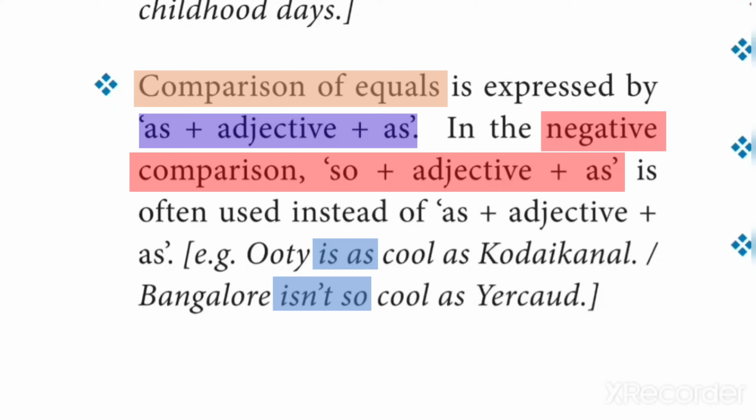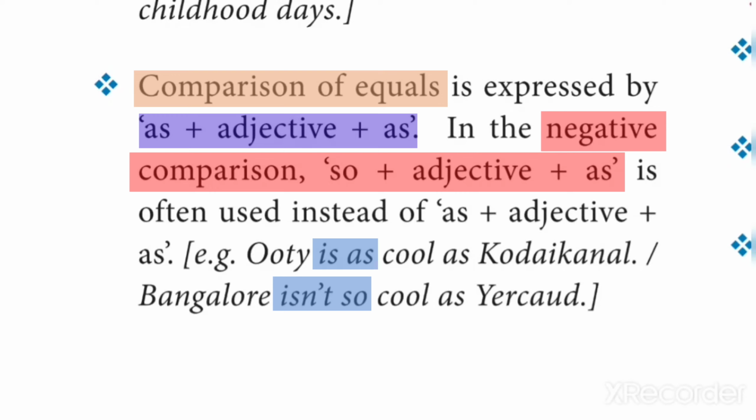See the difference. In the first example, the verb is positive, that is, the verb is just is. And so, the word before the adjective in positive degree, cool, is as. Whereas, in the second example, which is negative, you see the verb is isn't, that is not.